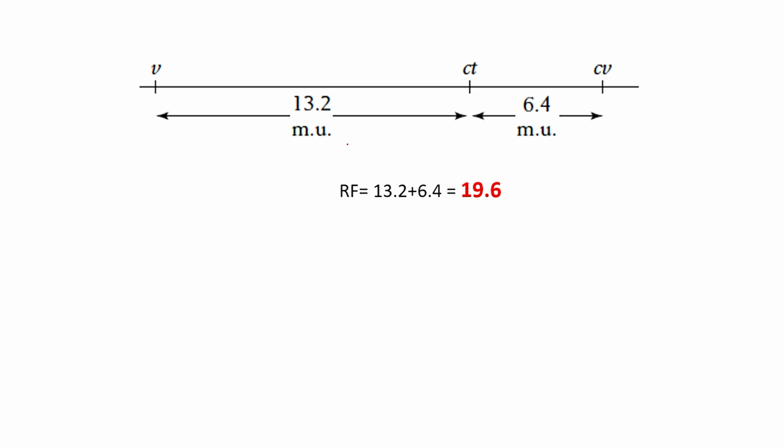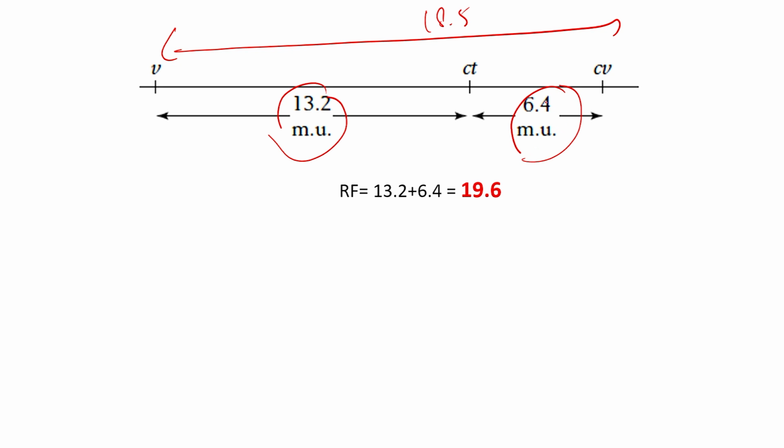But if you sum this up, it should be 18.5, but it is coming as 19.6, right. So why are we seeing this kind of discrepancy? Why are these two numbers not matching? It is 19.6 and here it is 18.5. Is there a reason for that?